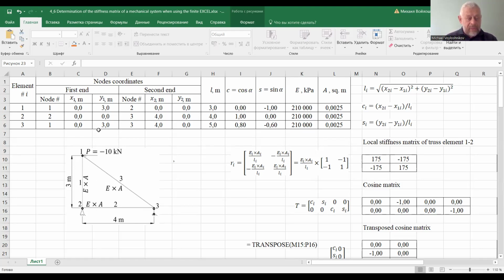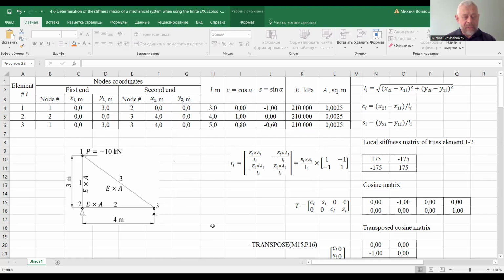The same we have for the third node at the end: the node number 3, the coordinates are 4 and 0. So now we download into Excel the coordinates of the nodes of the mechanical system.